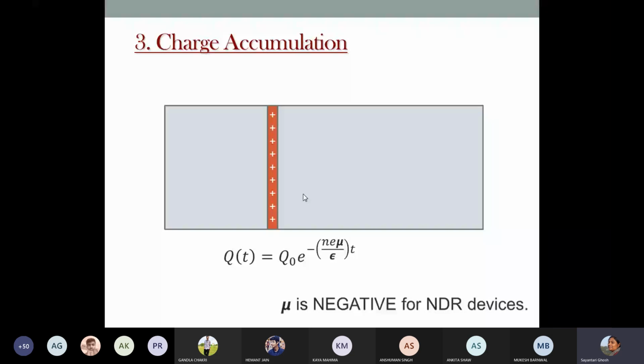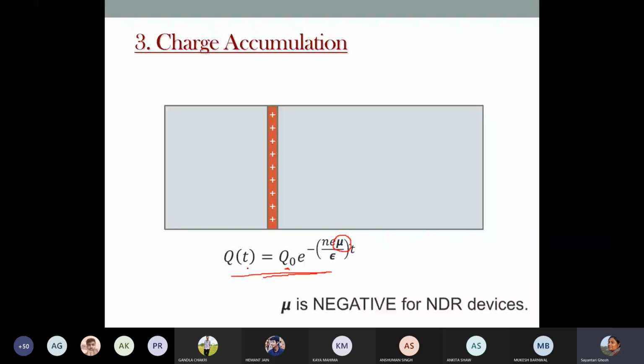Okay, so this expression that you see here is basically an exponential. I have derived this in that video, so follow that, and that will guide you through how this mu, which is the mobility, controls it. The sign of mu controls whether, if a charge gets accumulated at time 0, then at time t that charge is supposed to increase or decrease.